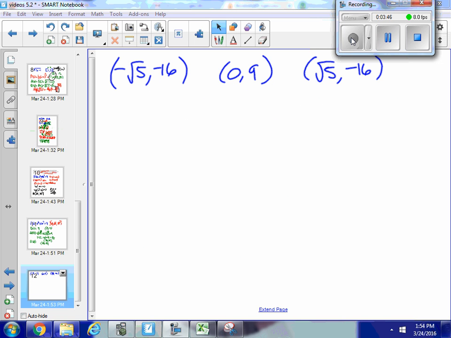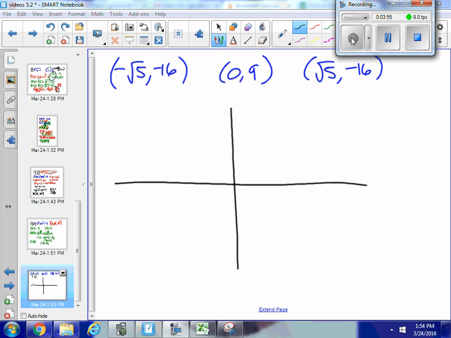So I've rewritten my 3 critical and stationary points, and I'm just going to make a graph. I'm not even going to make it to scale that much. So 1, 2, 3, 4, 5. I certainly know where 0 is, so I'm going to have this point right here, 0, 9. And radical 5, I don't know exactly what radical 5 is, but I know that radical 4 is 2, and radical 9 is 3.